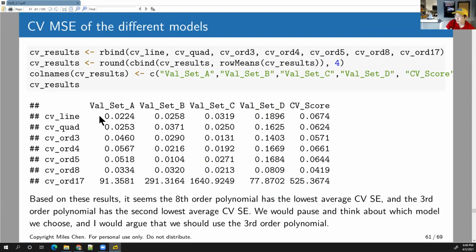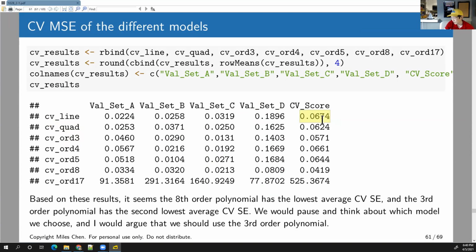So you fit each of the 4 validation sets on the different models. You have it for the linear model, the quadratic model, 3rd order, 4th order, 5th order, and 8th order, and you ask how these things scored. You take the average of these, and you say, okay, what's my cross-validation score?